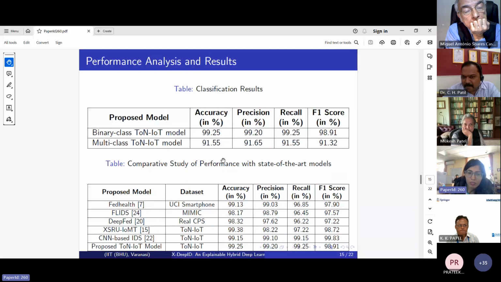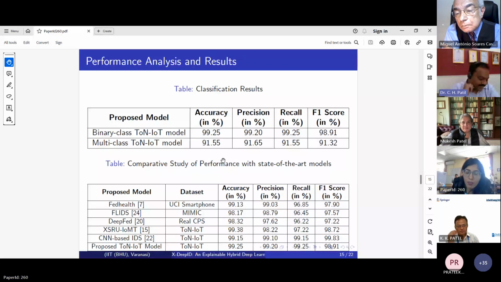Can you justify? Sir, binary classification is the simplest one, but during multi-class, there might be some more difficulty. So, have you justified that? Means why it is going down so much? Sir, I haven't justified it in the paper, but I will think about it.